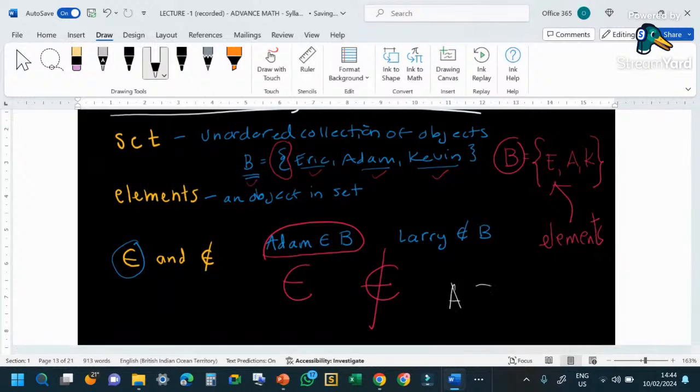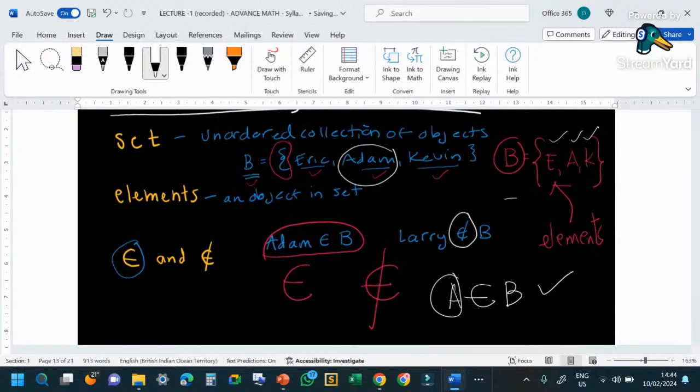A is an element of B, or set B, is correct. Why? Because set B contains A. Larry is not an element of B because you cannot see Larry in the set. B only has EAK, but it does not have L.